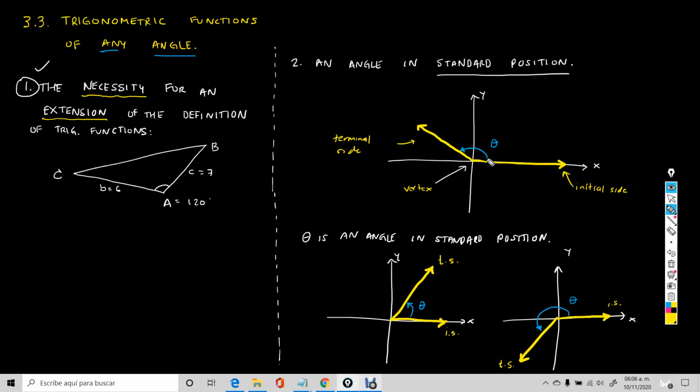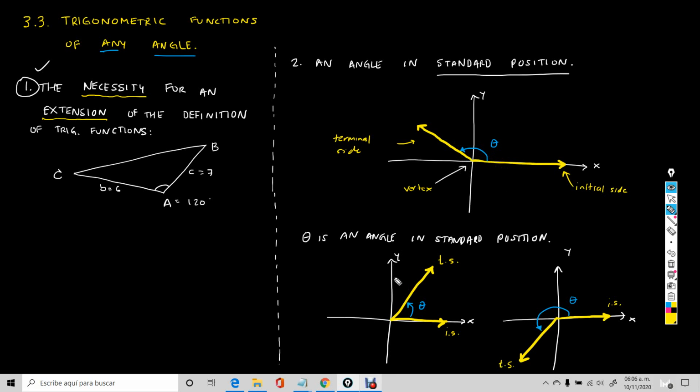It rotates counterclockwise, and we call the other side of the angle, because any angle has two sides, the terminal side. So that's what an angle in standard position is. The vertex is at the origin, the initial side is on top of the positive x-axis, and that's it. We call the other side the terminal side. So there you go.